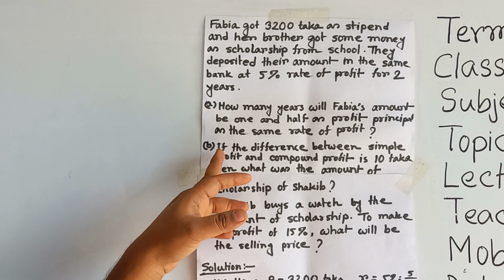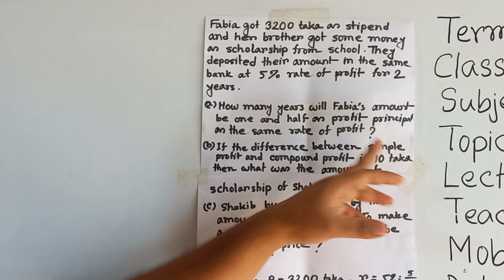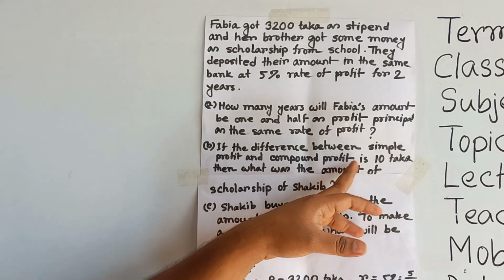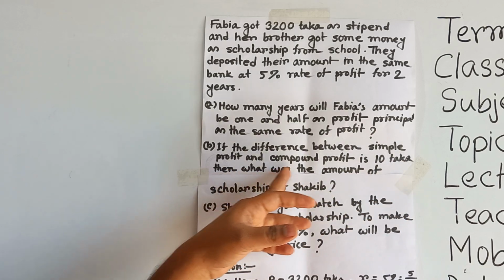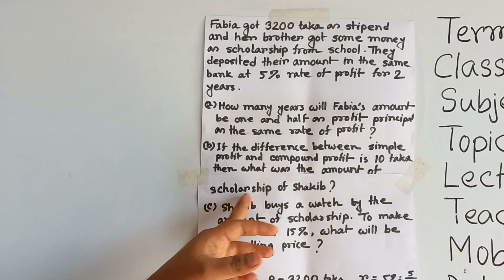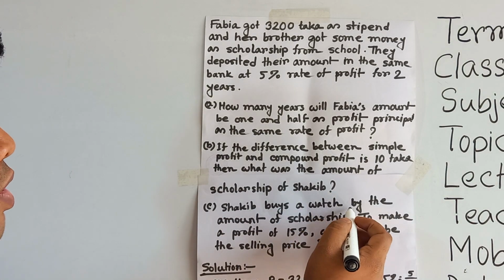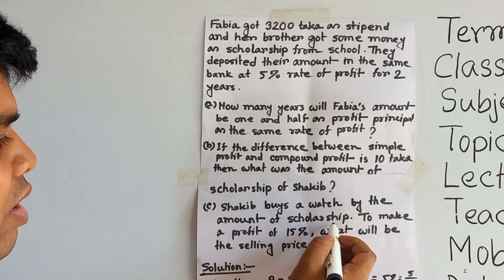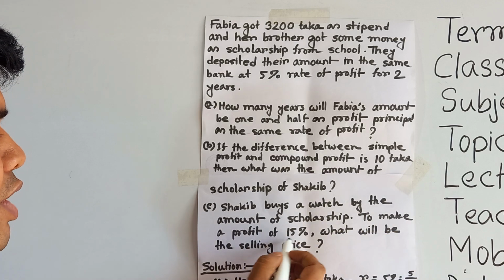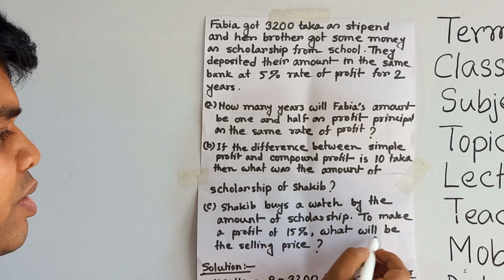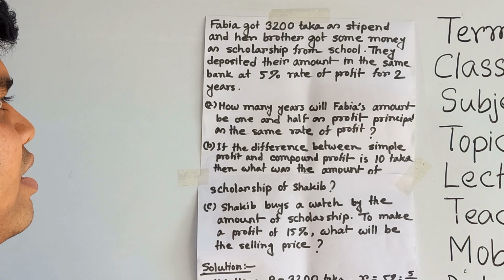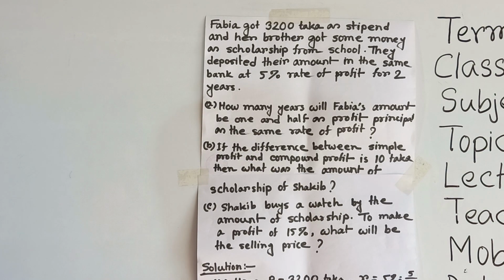Question B: if the difference between simple profit and compound profit is 10 taka, then what was the amount of Shakib's scholarship? Question C: Shakib buys a watch with the scholarship amount to make a profit of 15%. What will be the selling price? This is the question. You need to solve it.